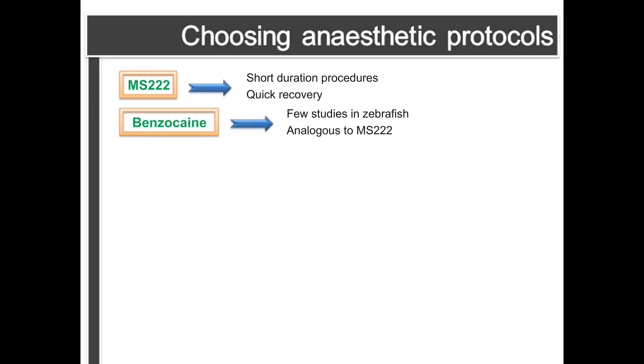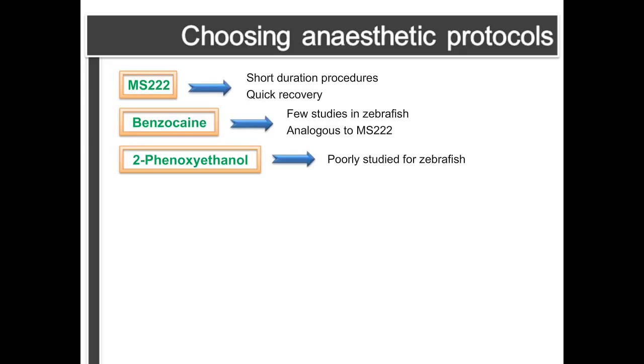So you have a bunch of anesthetics, but what to do with all of this? So to wrap up, the anaesthetic is a good anesthetic, especially for short duration procedures, and it obtains a quick recovery. Benzocaine is very similar to anaesthetic, but there are not so many studies in zebrafish.